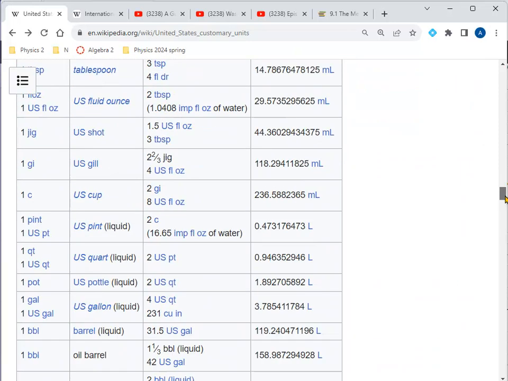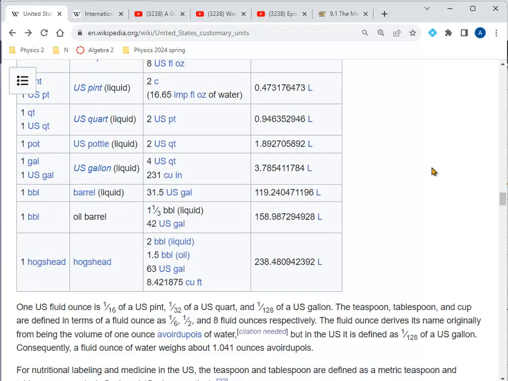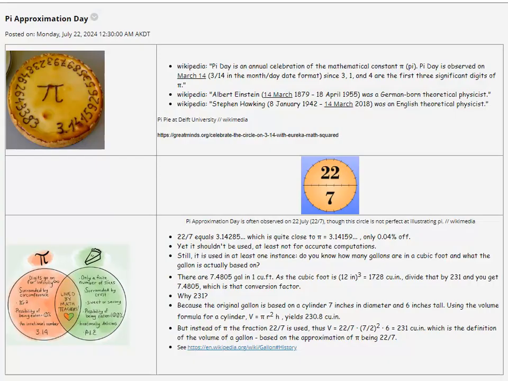And that, of course, makes it quite a bit harder in what I call the American system. By the way, there are actually exactly 231 cubic inches in the gallon. I learned that not too long ago. All right, that's basically it, what I want to say here. I just mentioned the number 231 cubic inches in a gallon exactly.